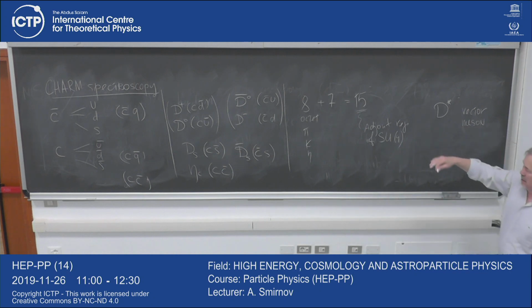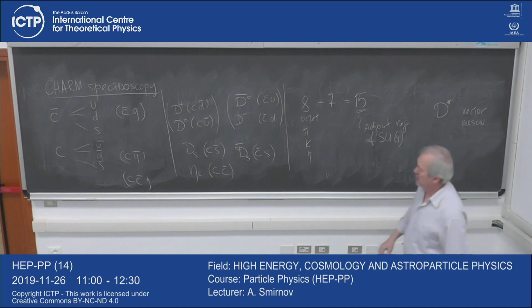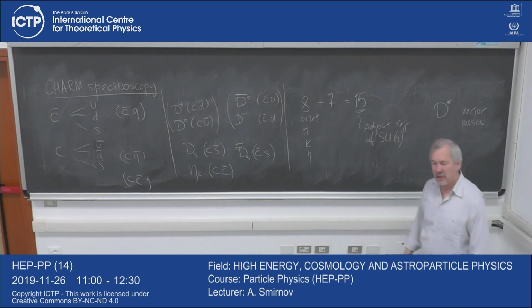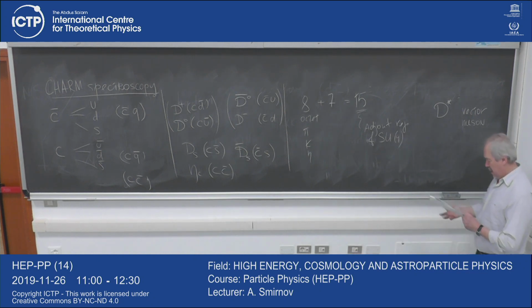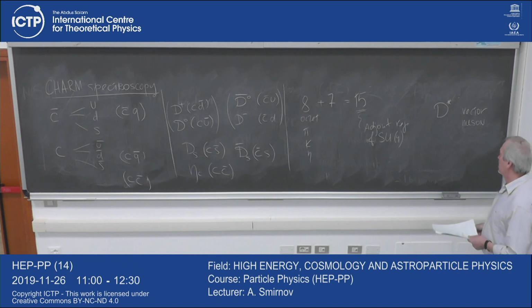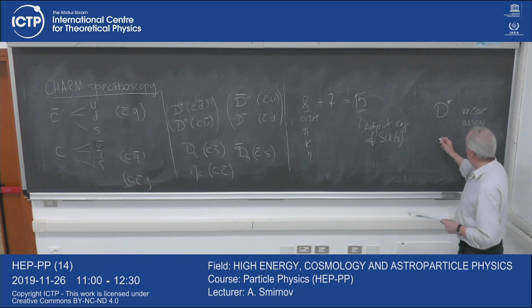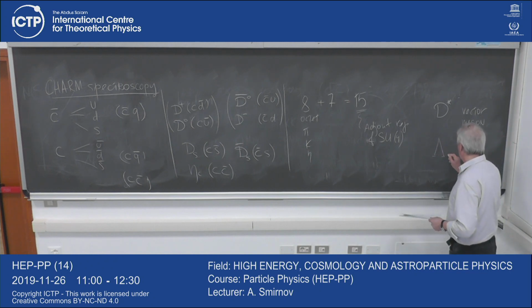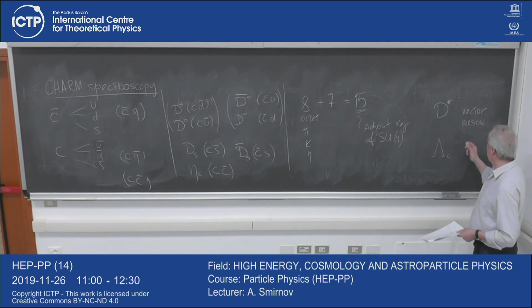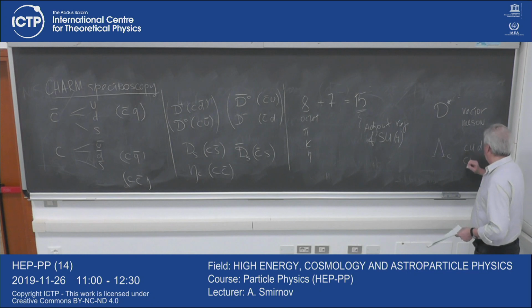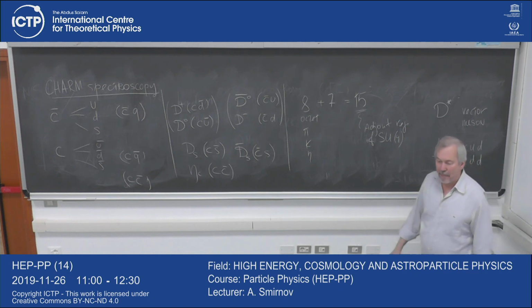The same kind of assignment, however, this charm quark and the usual quarks are in the state with spin 1. And also baryons with charm quark have been discovered. For instance, lambda C has been discovered, and it has content like charm, U, D, for instance, or charm, D, D, like that.